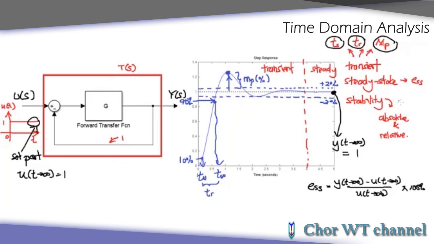And lastly, for stability, we are looking at two criteria: one is absolute, the other is relative. Basically they mean pretty much the same thing, but absolute tells you yes or no, whether it is stable or not stable, and relative stability tells you how much the system can sustain before it reaches instability. The concept of stability is bounded input, bounded output.